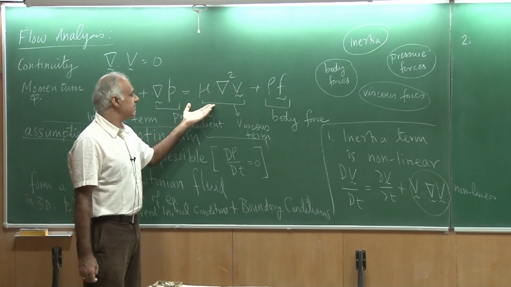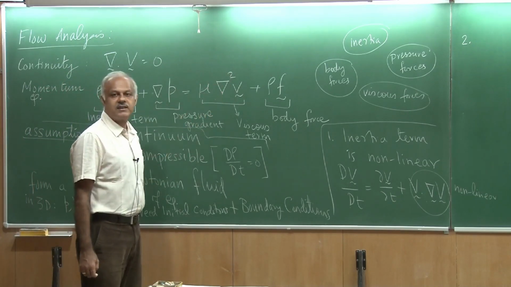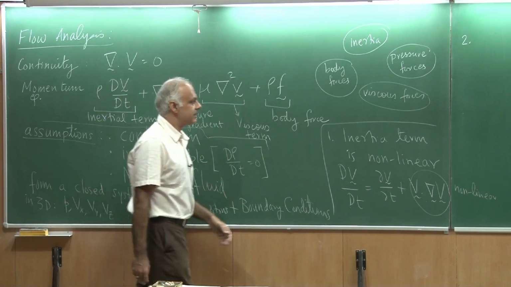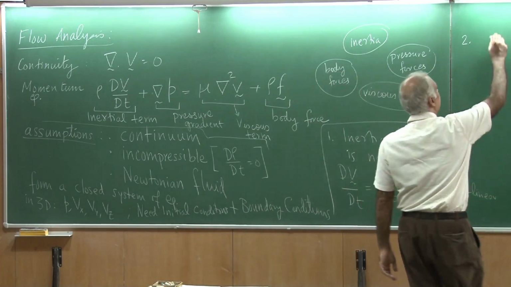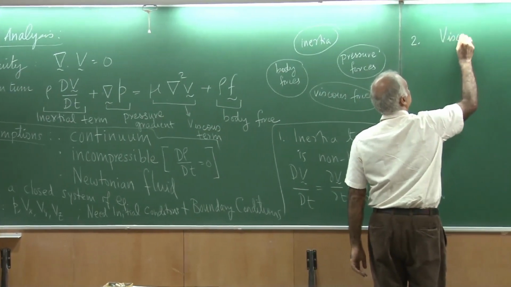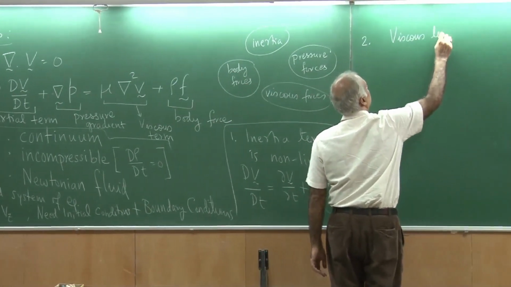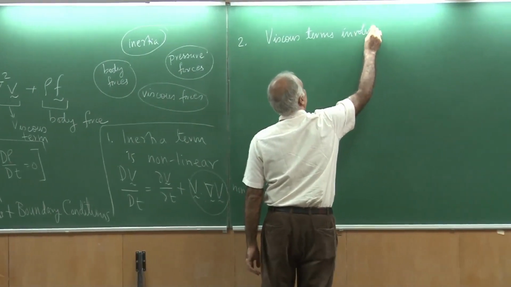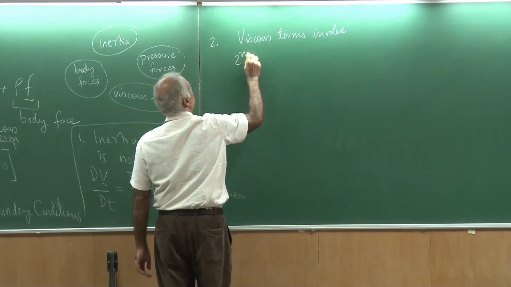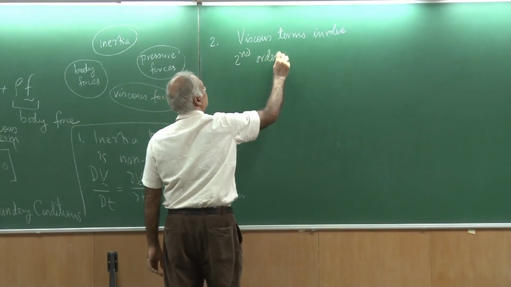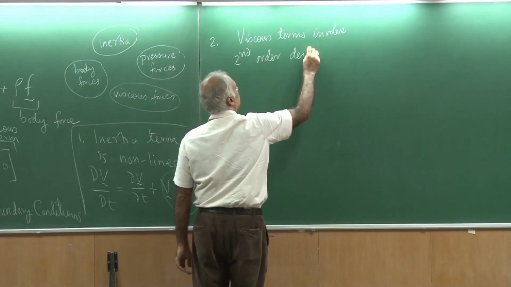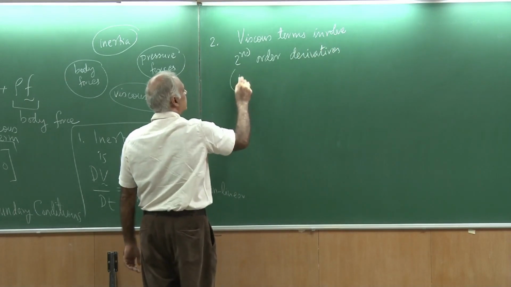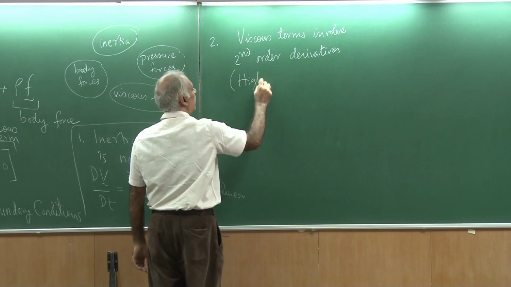This is the viscous term, and you see there is a second order derivative here. And of course this doesn't have a derivative. So the viscous terms involve second order derivatives. Rather, I could say the viscous terms are the highest order terms.